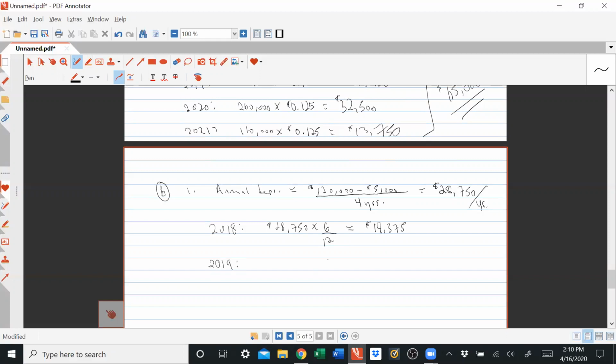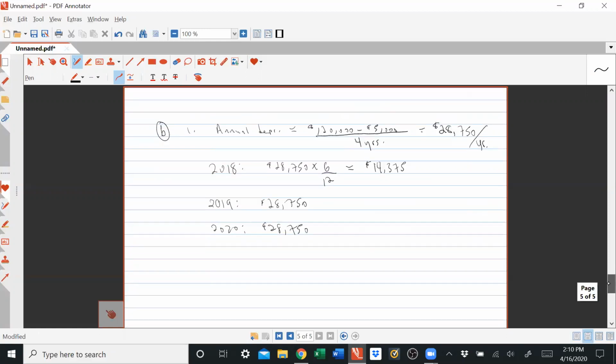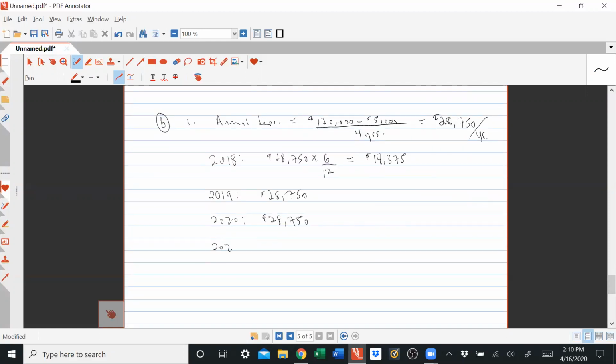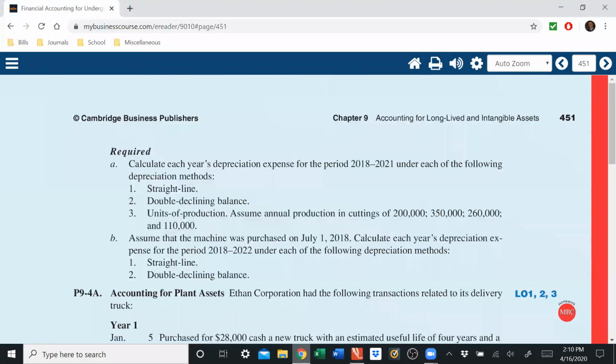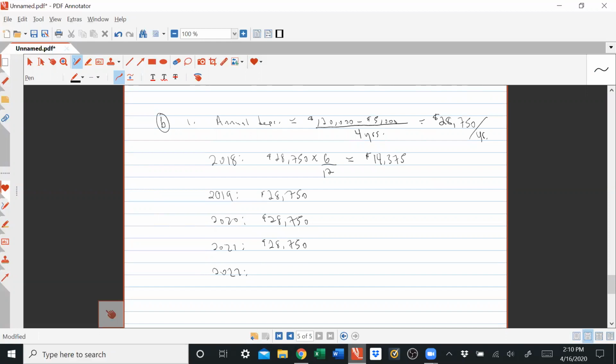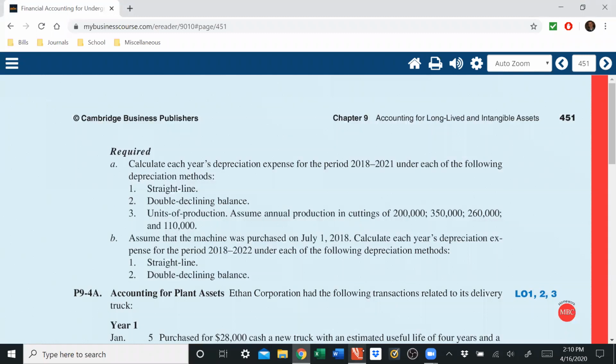For 2019, it would be the 28,750 for all 12 months. For 2020, it'd be the 28,750, all 12 months, because we had the asset all 12 months. 2021, again, 28,750. And then finally, 2022. In 2022, do we have the asset all 12 months? Well, the useful life of the asset ends, we are assumed to have sold it on June 30th, 2022. That would be 4 years after we bought it.